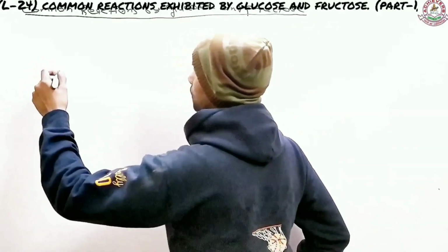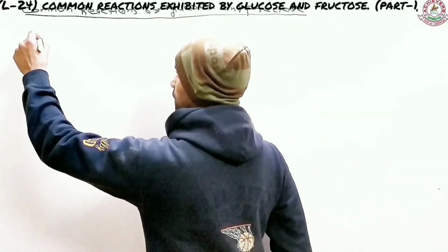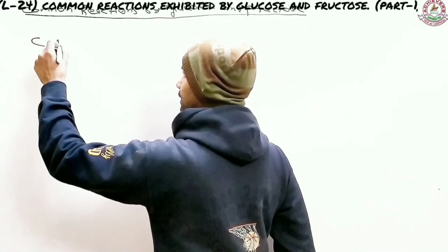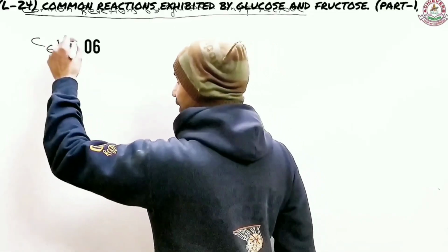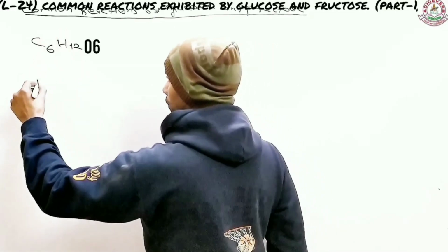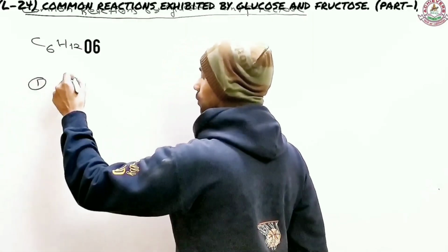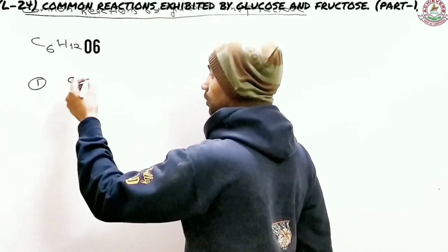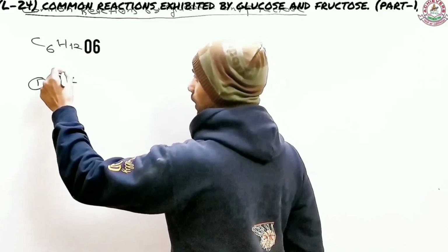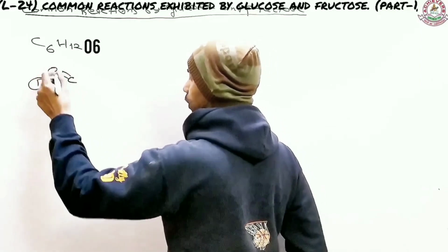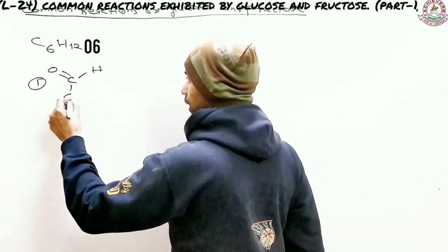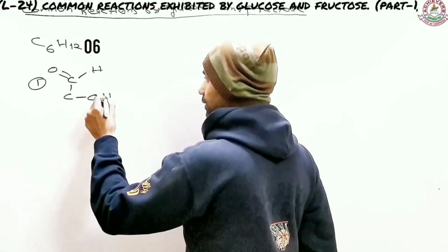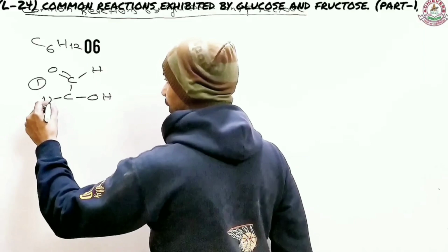Now, suppose we are talking about glucose. So what is glucose here? C6H12O6, right? This is the formula, but the structure of glucose, you probably remember almost everything. The first carbon was in the form of an aldehyde. Then the second carbon was something like this, with H on the left hand side.